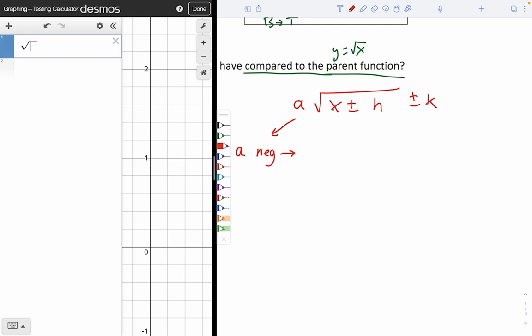So here's square root x. Let's put a negative in front. Negative square root x. What's the difference? What happened? It flipped it. What's the math word for flipped upside down? Reflection. So a negative a value makes it flip upside down. That's called reflection.